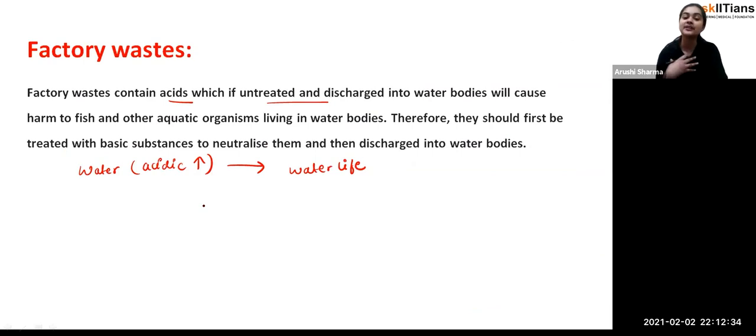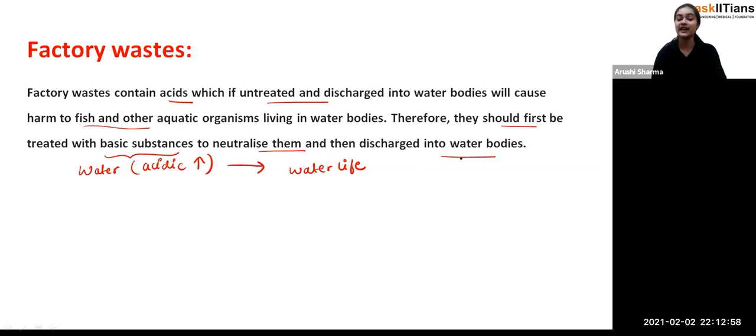That acid will affect their life. So the aquatic organisms or fishes present in those water bodies get harmed because of that. Therefore, the waste should first be treated with basic substances to neutralize it and then discharged into the water bodies.